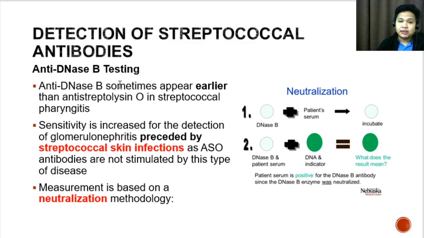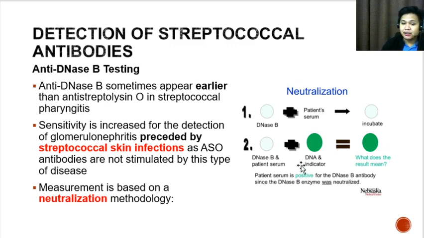And for your anti-DNAse B testing, the measurement is also based on neutralization. If anti-DNAse B antibodies are present, they will neutralize reagent DNAse B, preventing it from depolymerizing DNA. Presence of DNase is measured by its effect on a DNA methyl green conjugate, or a DNA methyl green complex.